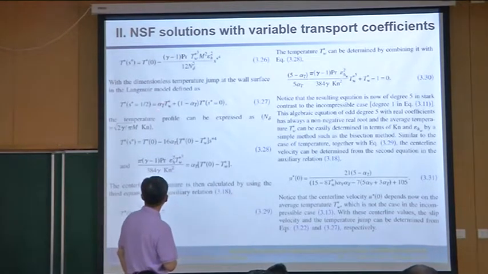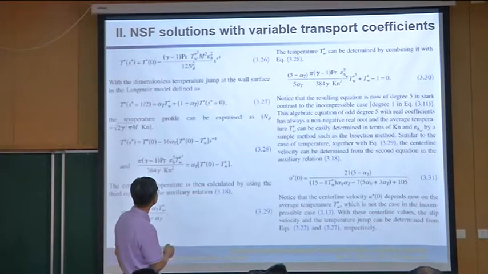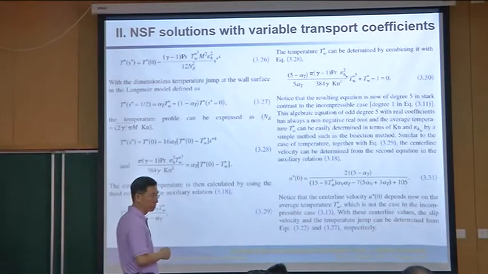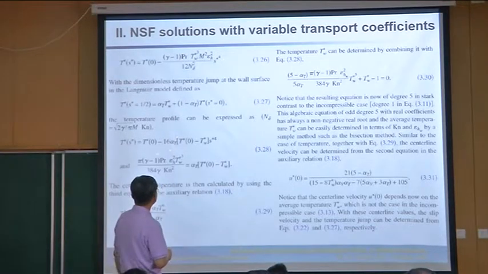And then this is the temperature jump condition, the Smoluchowski temperature jump condition. And you can do the Maxwell jump condition, it doesn't matter. And then we have this kind of algebraic equation that provides the average.